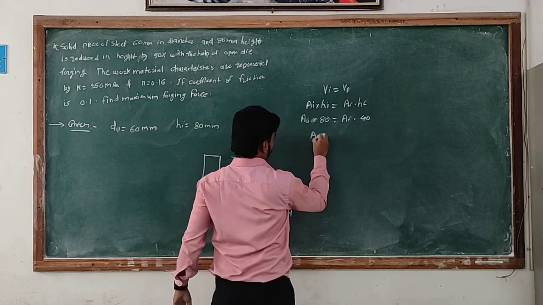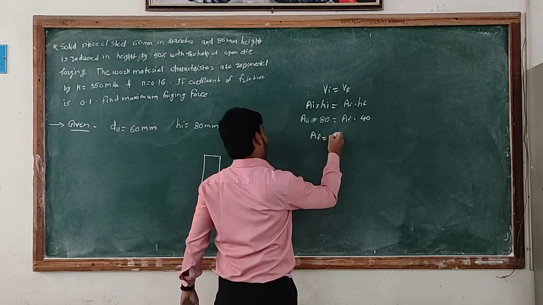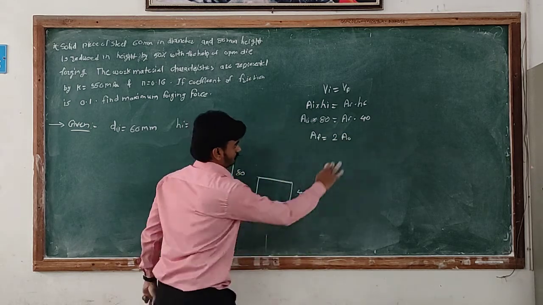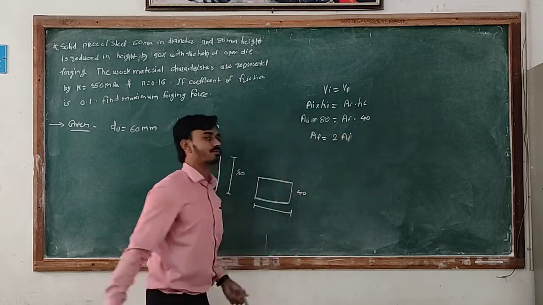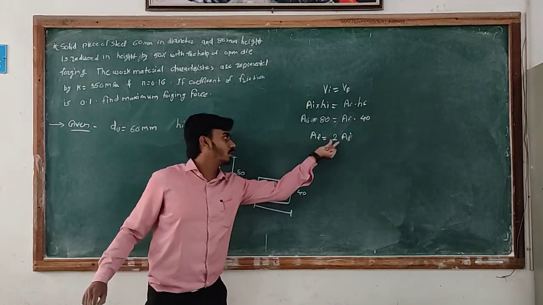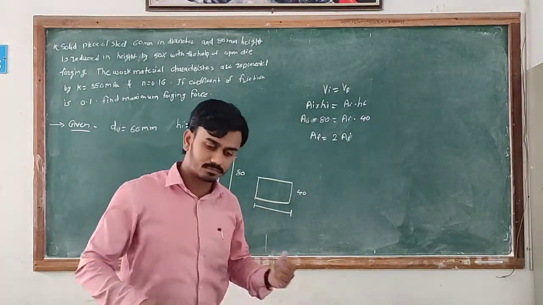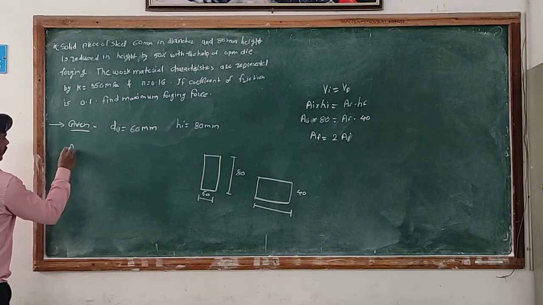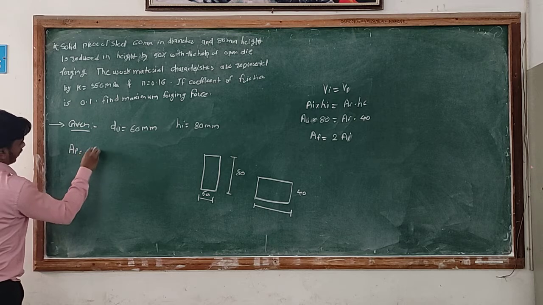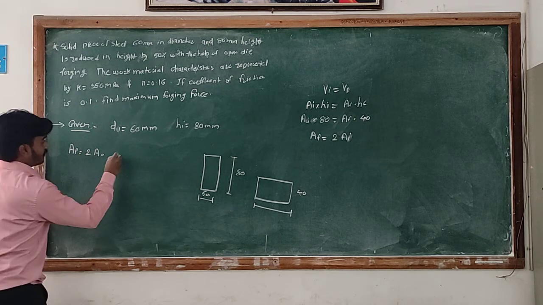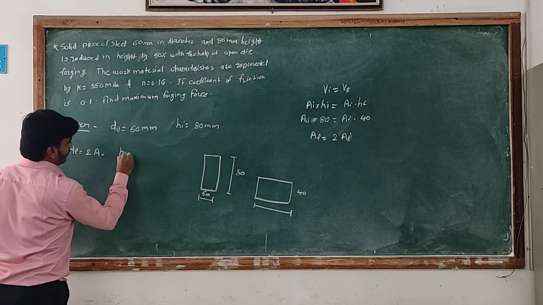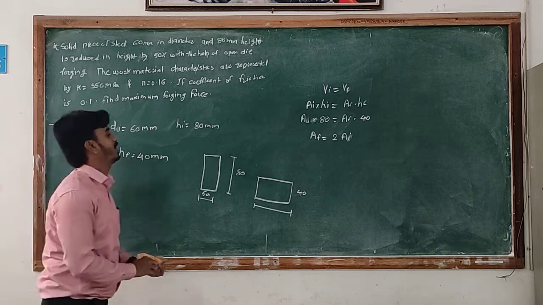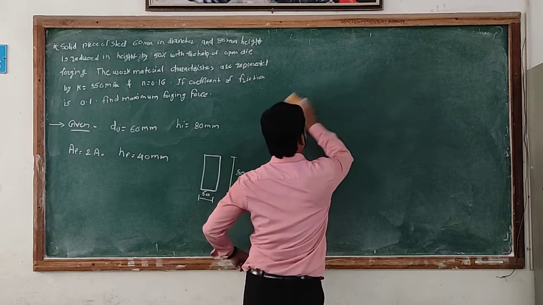So the final area is equal to 2 times the initial area, and the final height is equal to 40 mm.